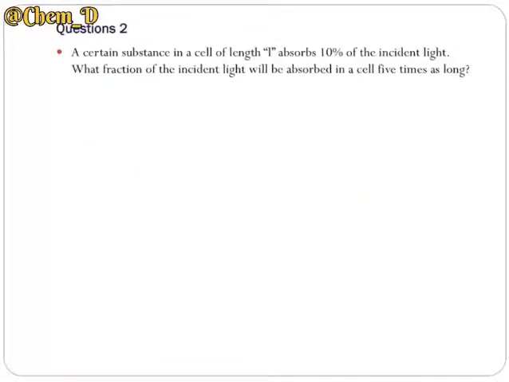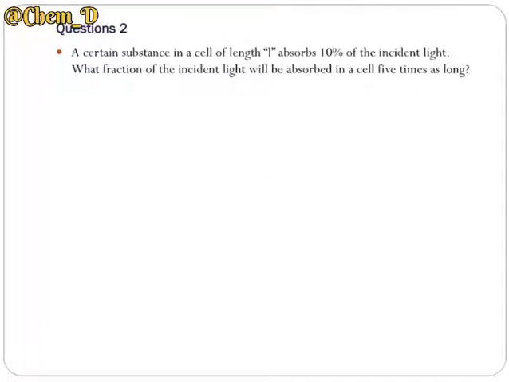The next question is, a certain substance in a cell of length L absorbs 10% of the incident light. What fraction of the incident light will be absorbed in a cell 5 times as long?